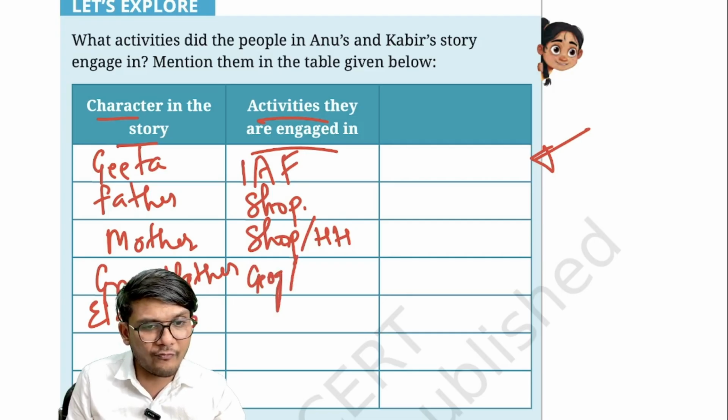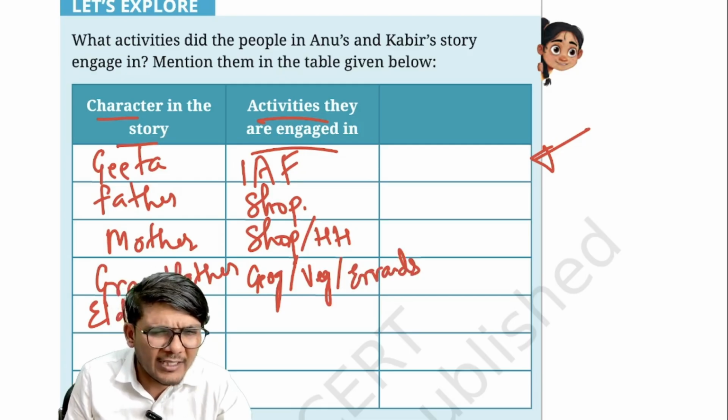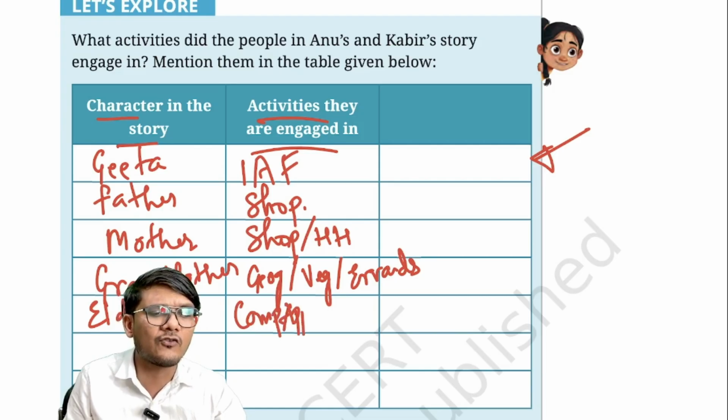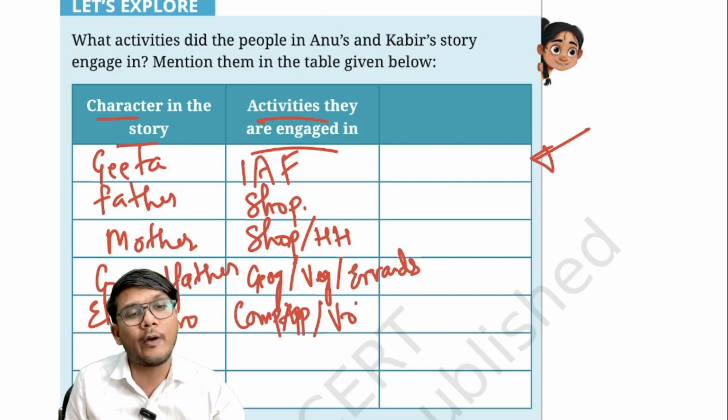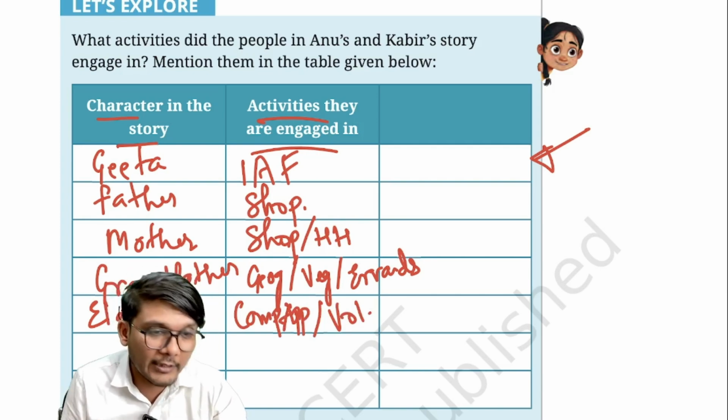Then he grows vegetables in the garden. He runs certain errands as well. The elder brother of Anu is an engineer, an employee in a company which creates computer applications. Plus, he also voluntarily provides certain other services, helps to teach others as well.